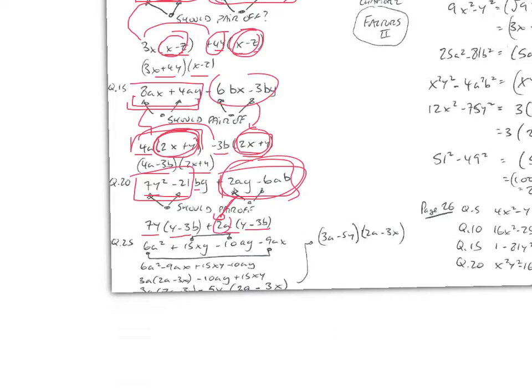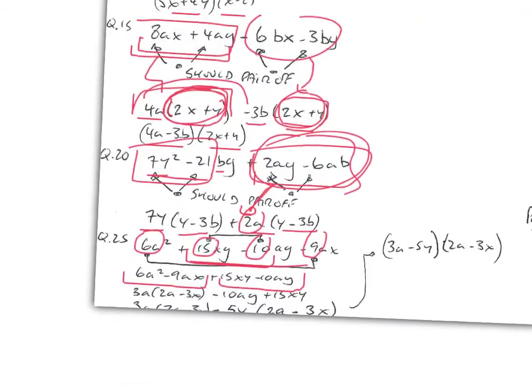Okay. Question 25. 6a squared plus 15xy minus 10ay minus 9ax. 5 goes into that, 5 goes into that. I think they're a pair. And 3 goes into 9 and goes into 6. I think they're a pair too. Okay, so I'll rewrite that. I'll bring this over here and I'll have 6a squared minus 9ax, 15xy minus 10ay.